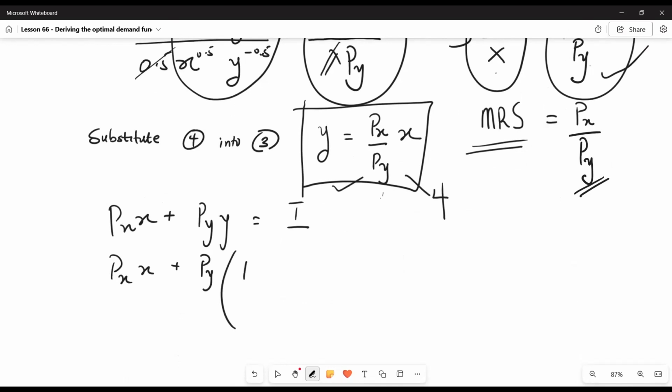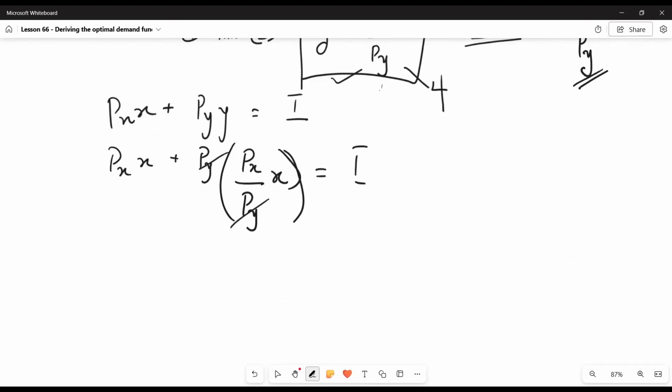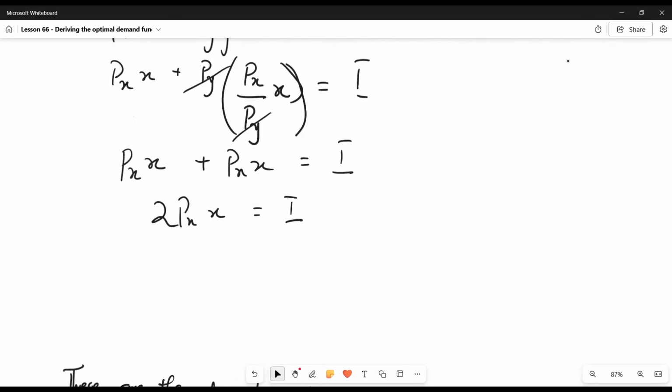Py multiplied by the ratio of the prices, and then x, equal to income. This is simply going to give us Px x plus Px x equal to income. So this is 2 Px multiplied by x equal to I. So x is therefore income divided by 2Px.